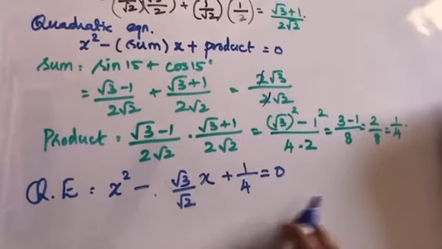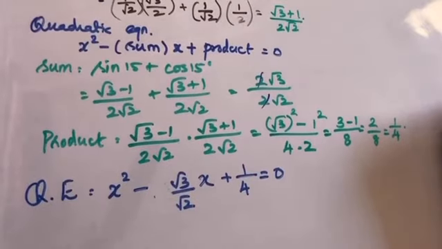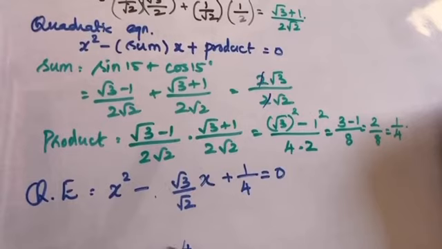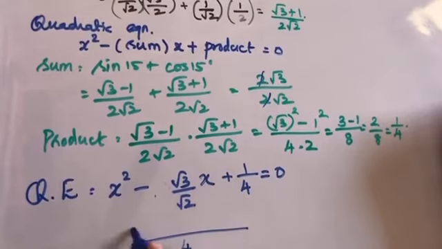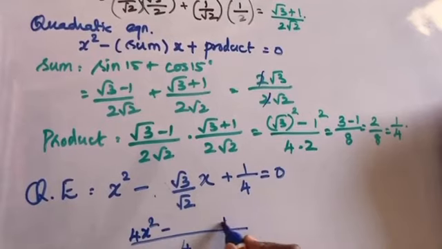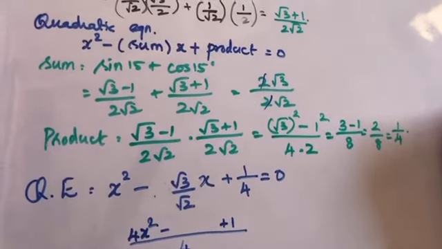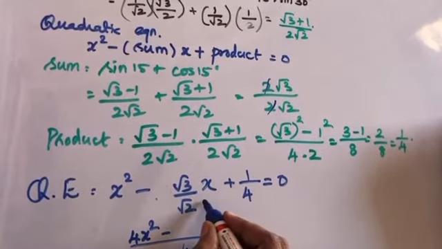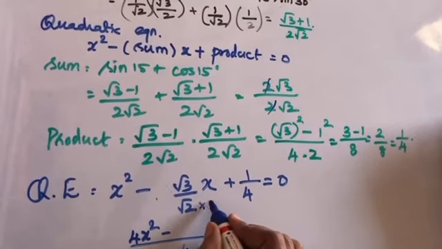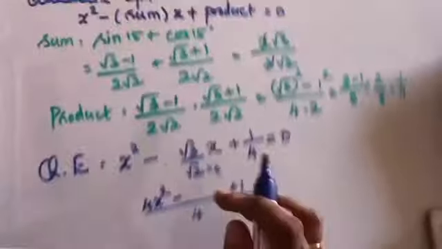To make it as a proper equation, we can take 4 as LCM. So if you take 4 as LCM, this is 4x square minus, here plus 1. What term will come here? You have to multiply this to make root 2 into 4. You have to multiply it with 2 root 2, isn't it?